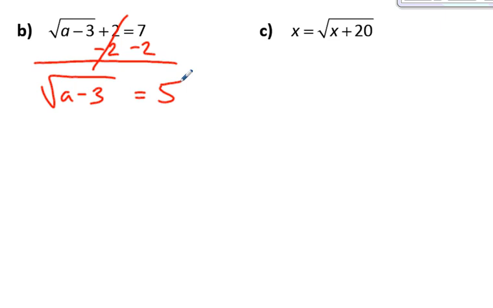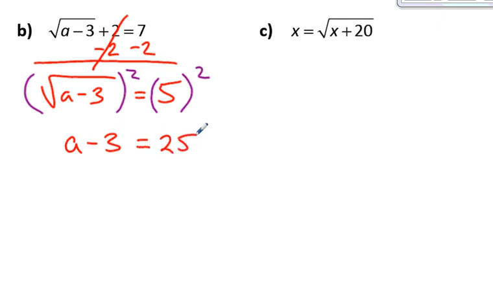Now my radical is isolated, so now I can square both sides. All right, so now that does away with the square root and the squared on the left side, leaving me with just a minus 3, and 5 squared is 25. Now, simply add 3 to both sides, and we get a is equal to 28.